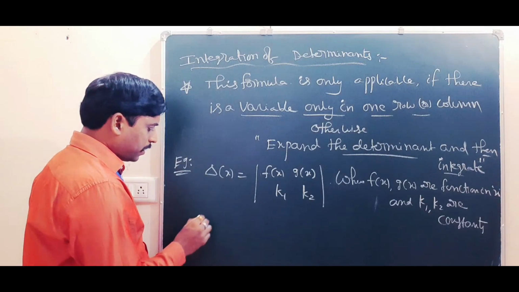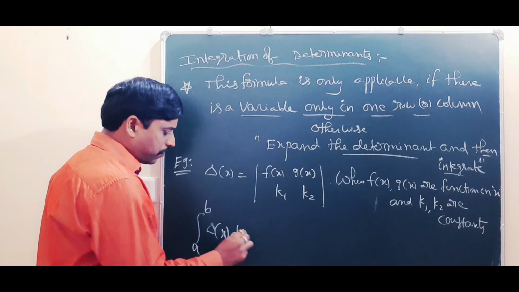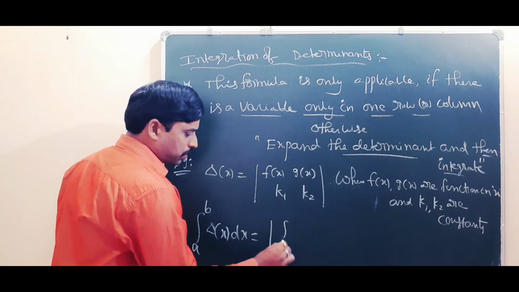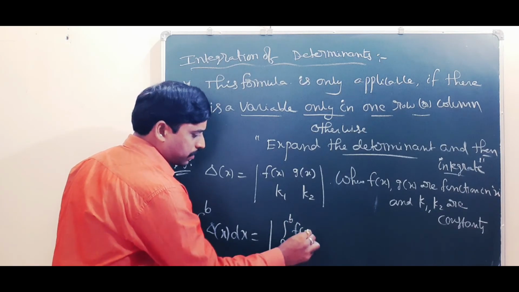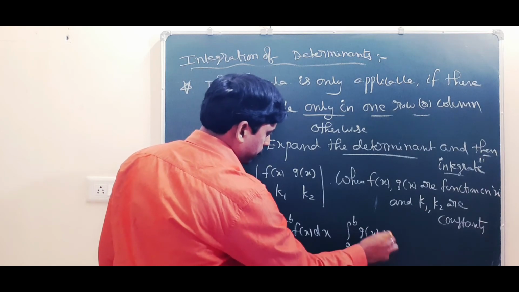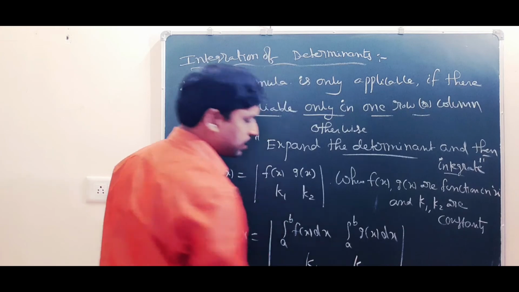Now applying integration from a to b, equal to: we apply integration to the first row, integral a to b f of x dx, integral a to b g of x dx, k1, k2. This is the process.